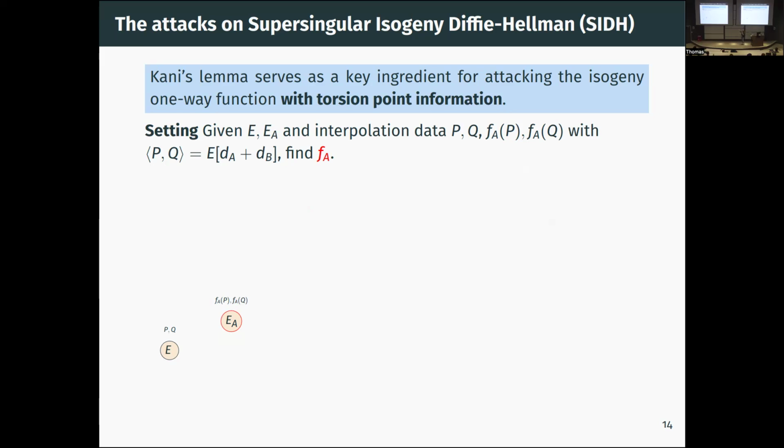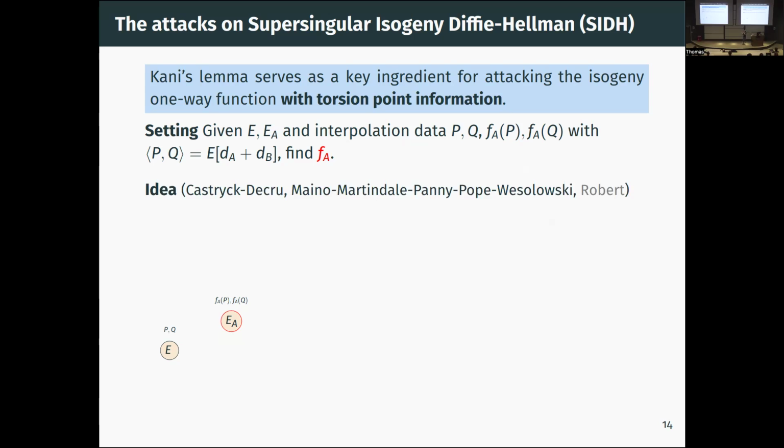So to say a bit more, what we are given is two elliptic curves, E and E_A, and interpolation data, so points P and Q on the starting vertex, and the images of these two points, F_A(P) and F_A(Q), under the isogeny F_A. So here I'm using the same notation as in the previous slide. And this is essentially the hardness assumption underlying the SIDH protocol.